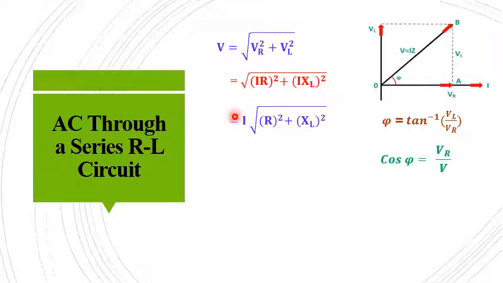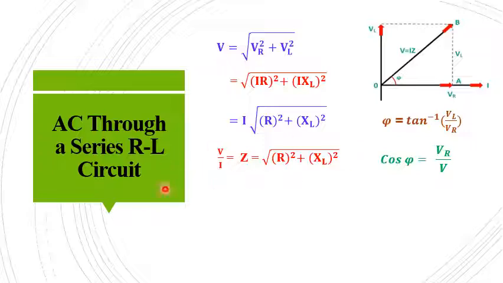Taking I common outside, V is equal to I into root of R square plus XL square. V by I is your impedance value, that is the total opposition offered by the circuit to the current. That is known as the impedance. So impedance Z is equal to root of R square plus XL square.